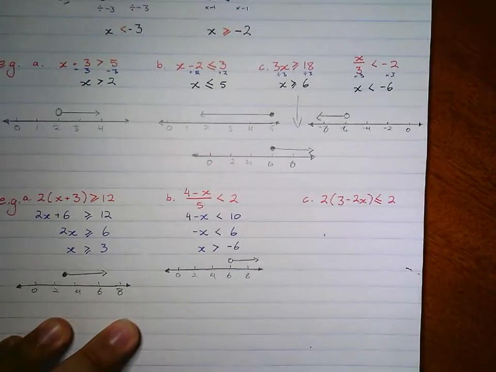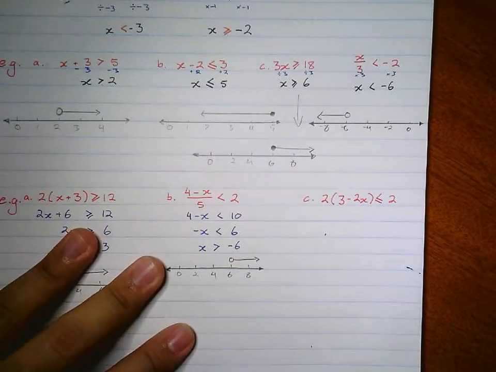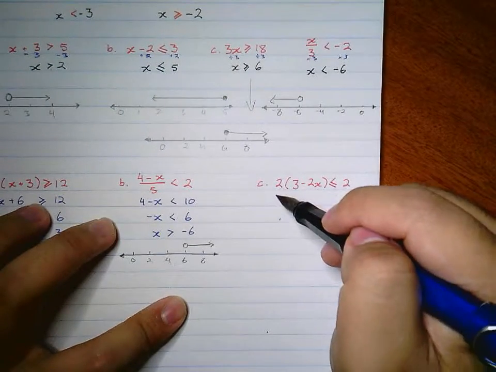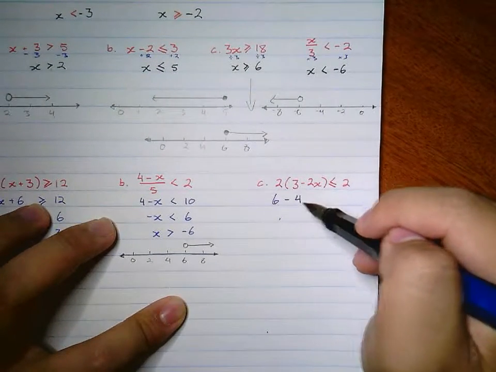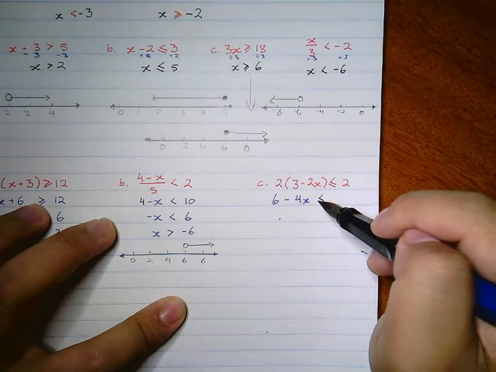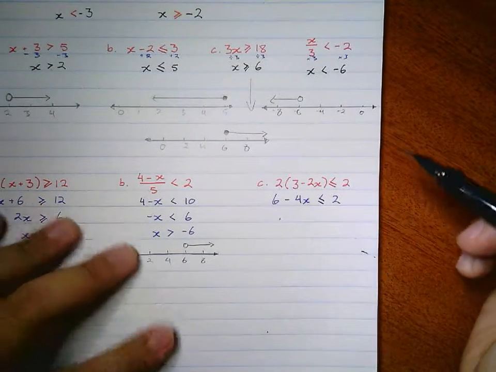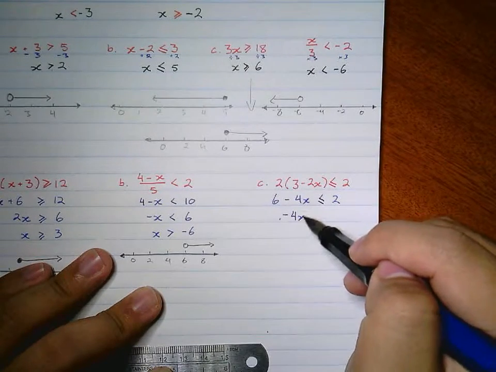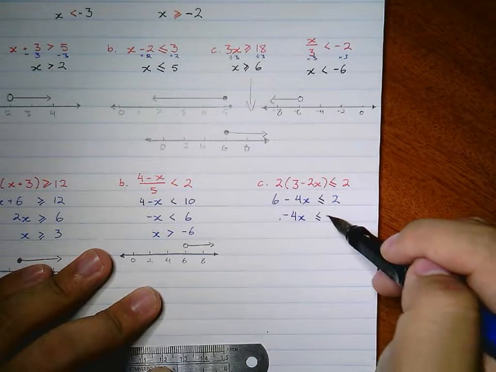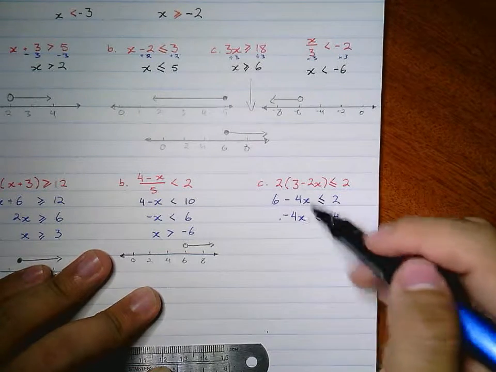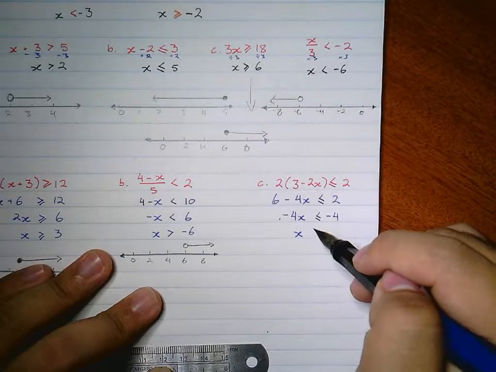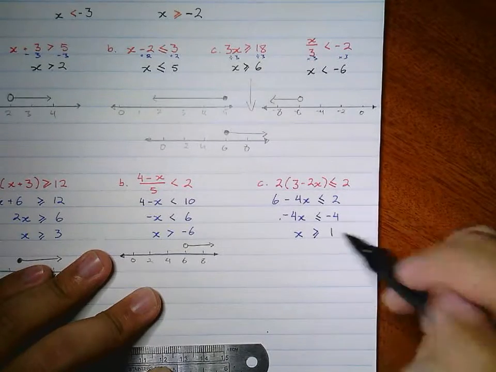And the one last one here. Take a look. Expanding the brackets, we get 6 minus 4x is less than or equal to 2. Subtracting 6 gives me negative 4x is less than or equal to negative 4. Dividing by negative 4, we get positive x is greater than or equal to 1.